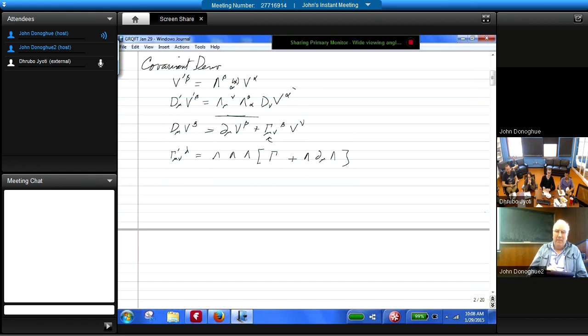But let's fill in the indices here. So the mu, nu, and lambda indices go first there. Then let's make rho, sigma, and I have eta. That's the second indices there. So this becomes rho, sigma, eta.